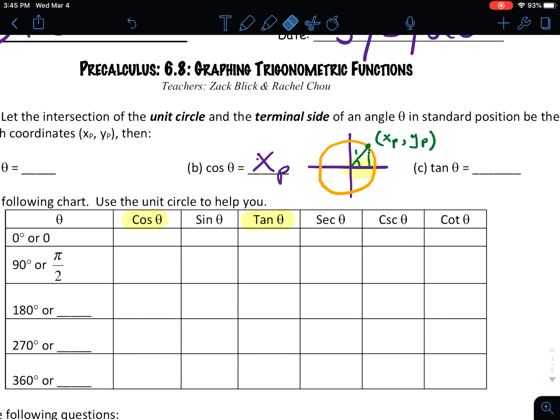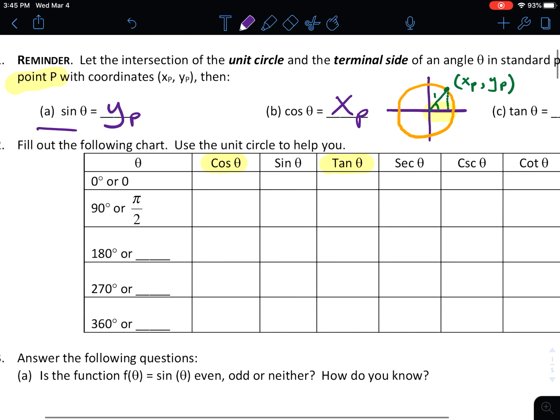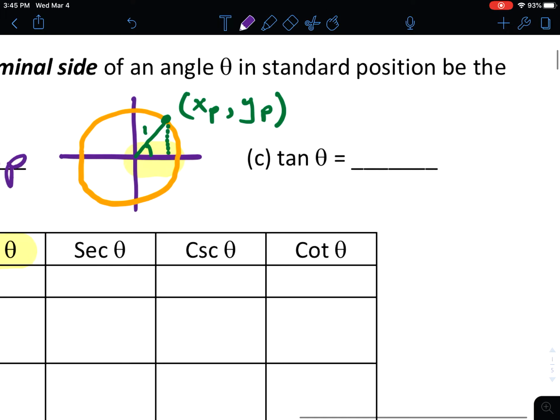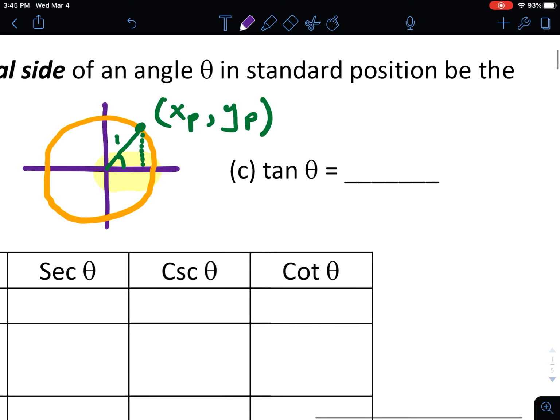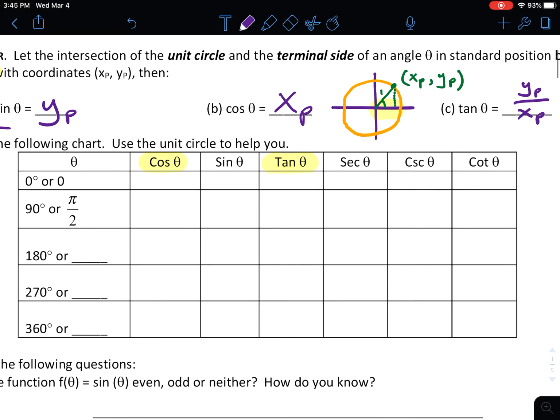And the same is going to be true for the sine value as well. That is yp divided by 1, or just yp. Same is going to be true for tangent. It's going to be our opposite over our adjacent. So in this case, that is going to be yp divided by xp. That's going to be true for any point on the unit circle.